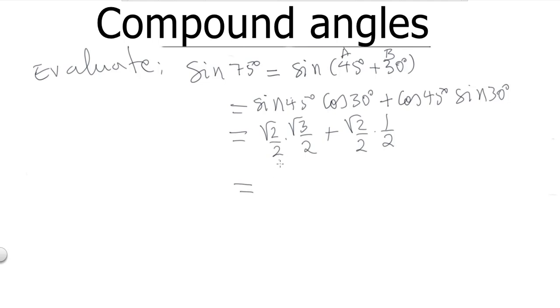Therefore, we have 4 in the denominator, square root 2 times square root 3 will be square root 6, and then square root 2 times 1 will be square root 2 over 4. So here we'll have square root 6 plus square root 2, all divided by 4.